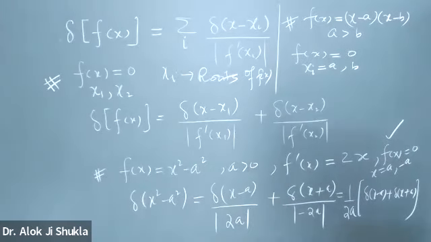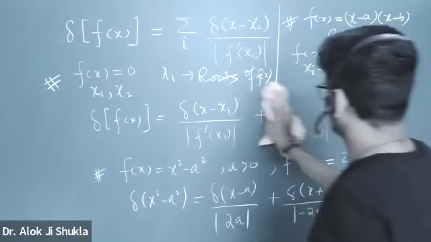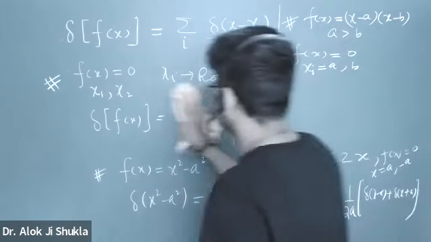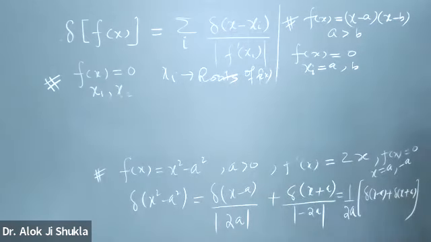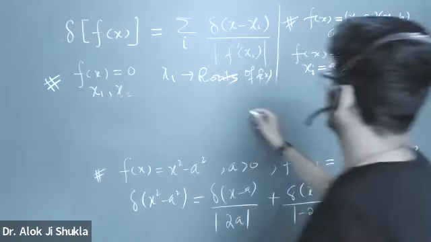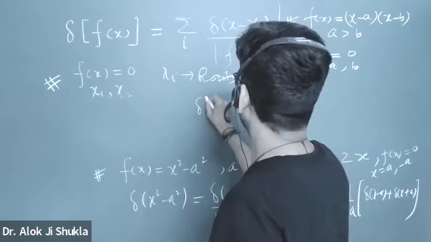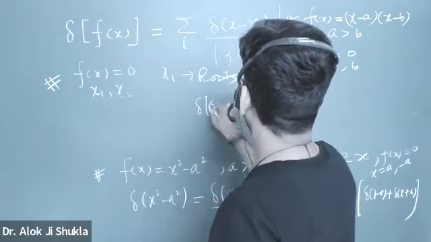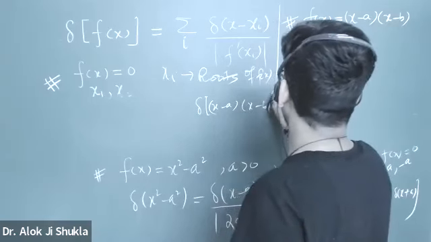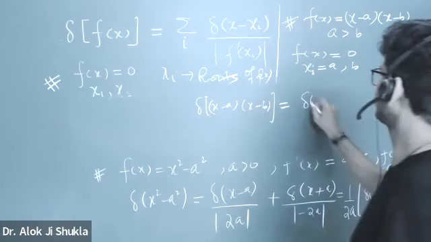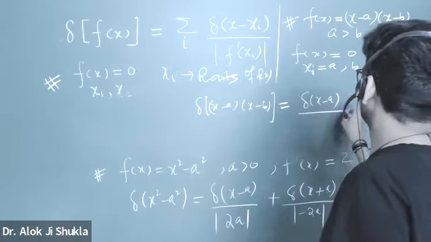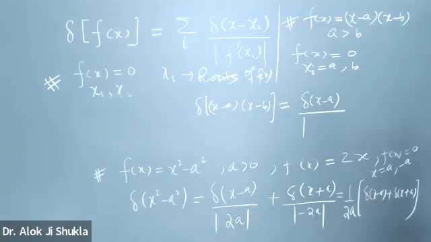And then take the derivative of f(x). Delta of xi minus a, xi minus b is equal to: first one is delta x minus a over mod of a minus b.